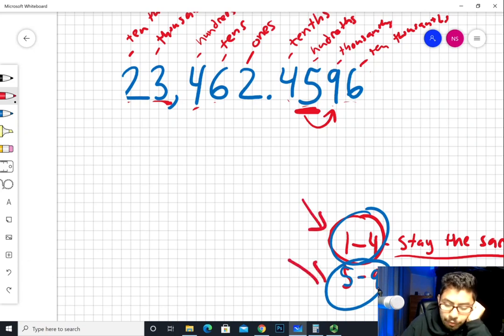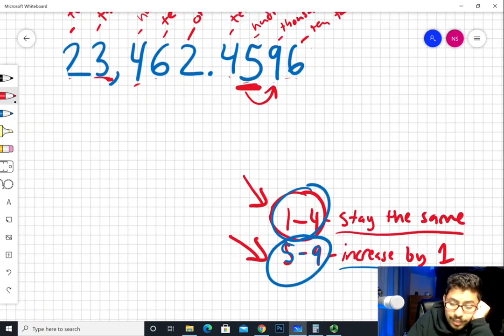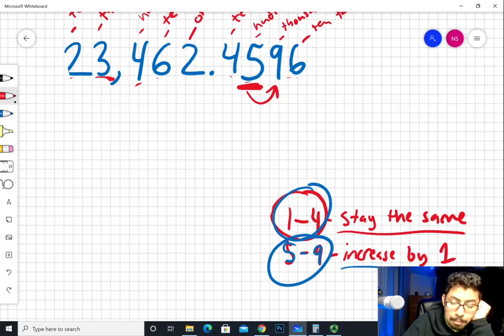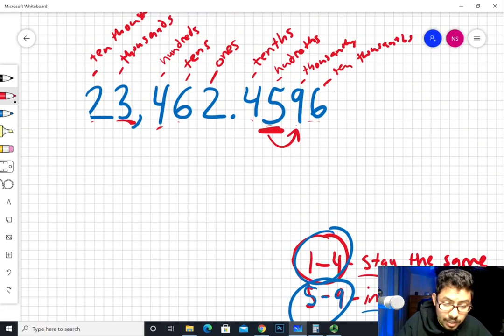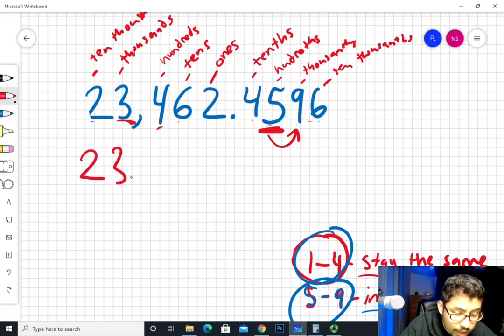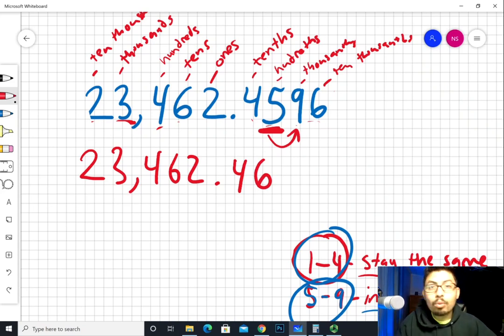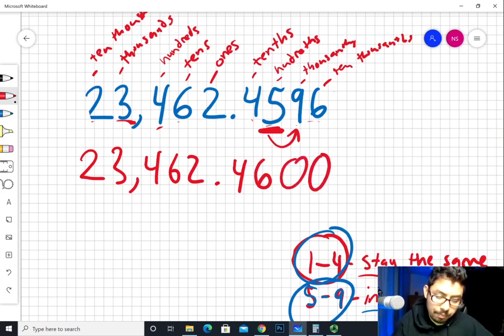The 1 to 4 or the 5 to 9? It falls under the 5 to 9, which means my hundredths needs to increase by 1. So 23,462.4, and there's my hundredth spot. I'm going to increase it by 1, 6, and then the rest becomes 0.